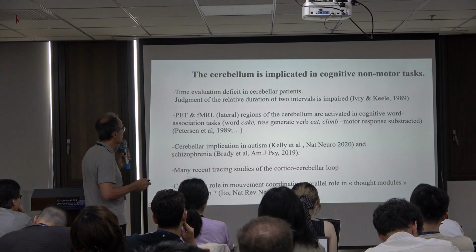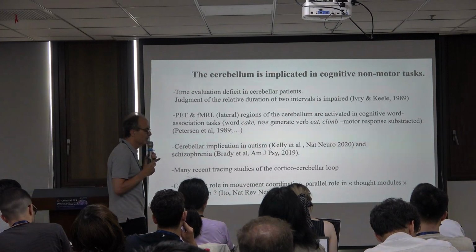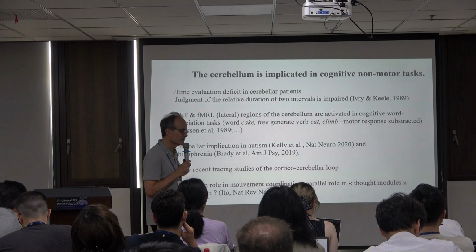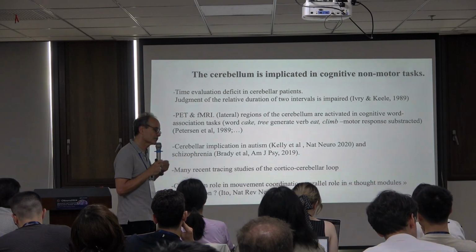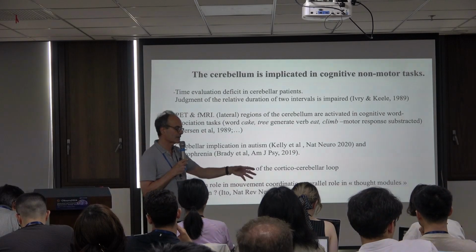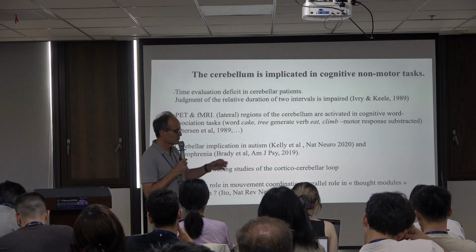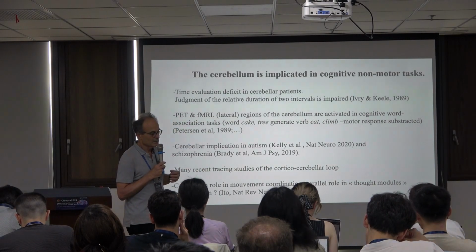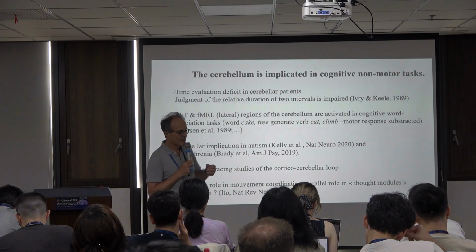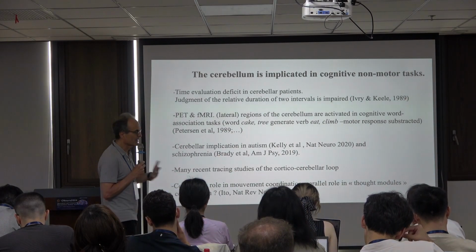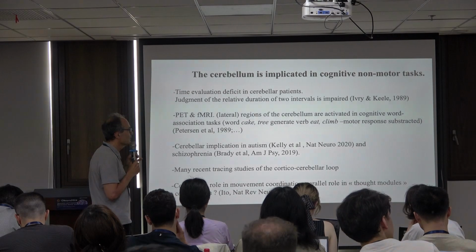Cerebellar patients are, of course, impaired in motor movement. For example, when they try to reach a target, in normal people everything moves at the same time. In cerebellar patients, you would have movement in succession for different muscles.